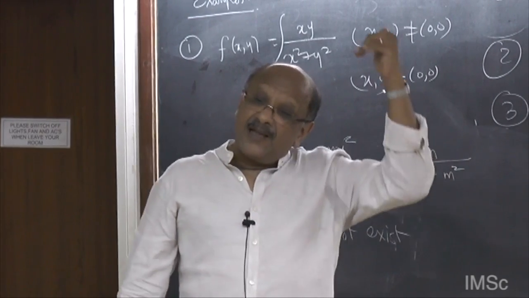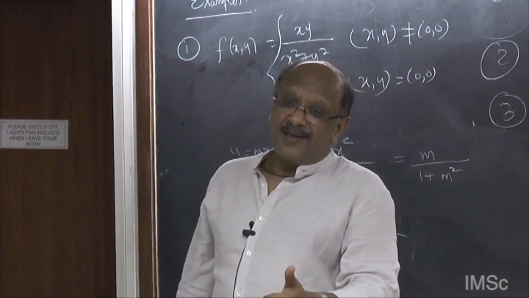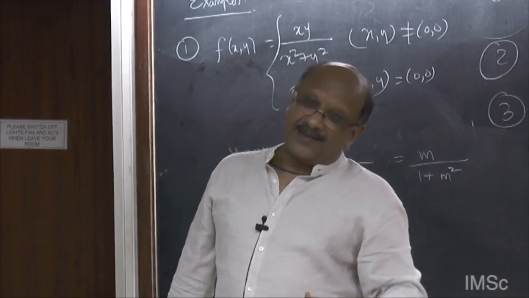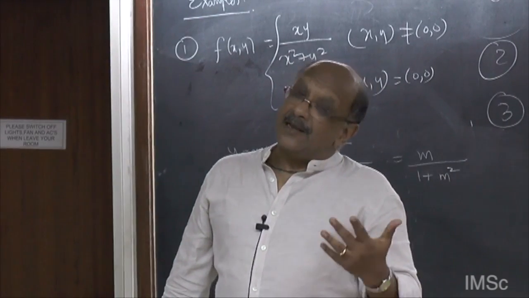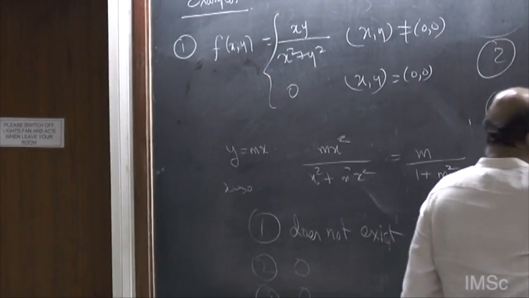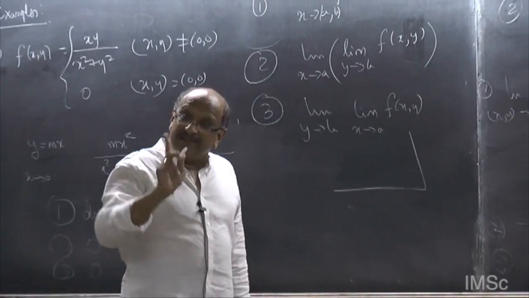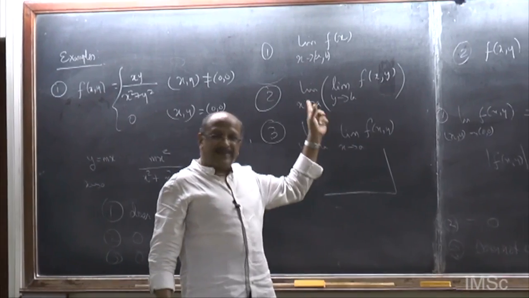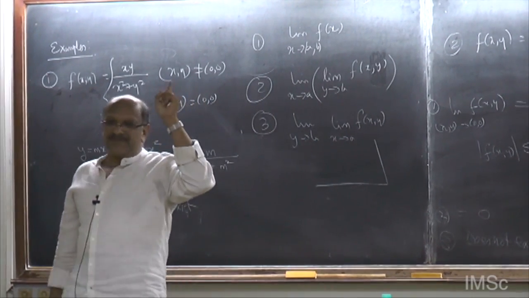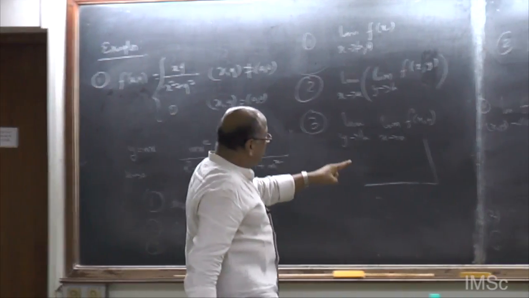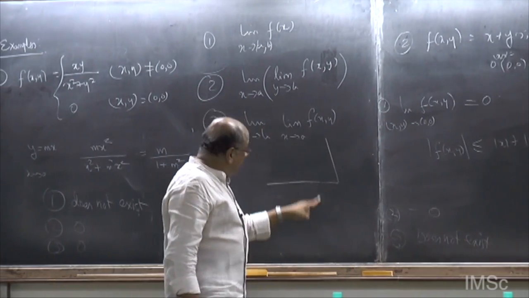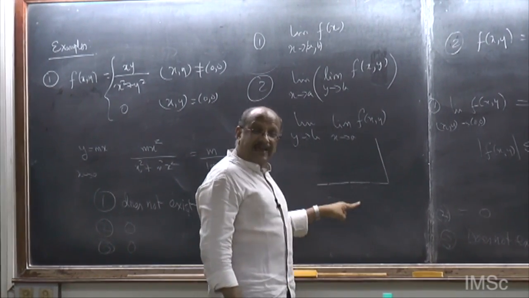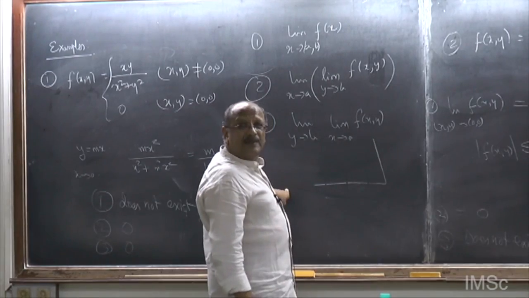We are first taking a limit as y tends to b and then taking a limit as x tends to a. I am not taking the limit along this path, you must be clear about that. If I did that, then of course it is the same as the first one. But what I am doing is first coming like this and stopping each time, and then taking all these limits.